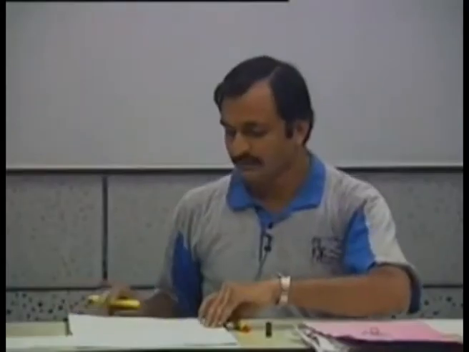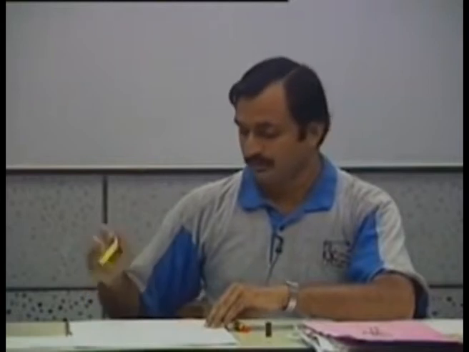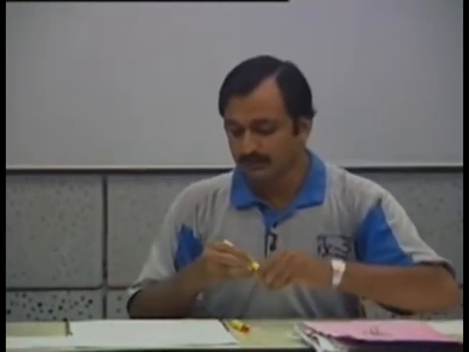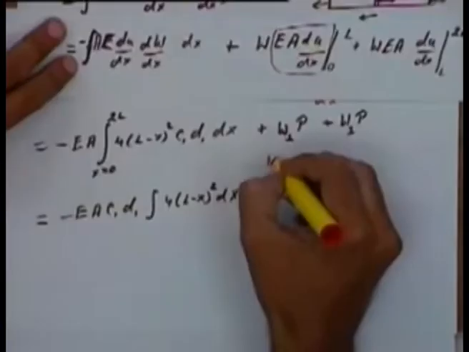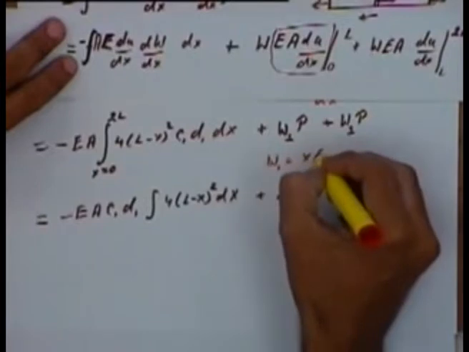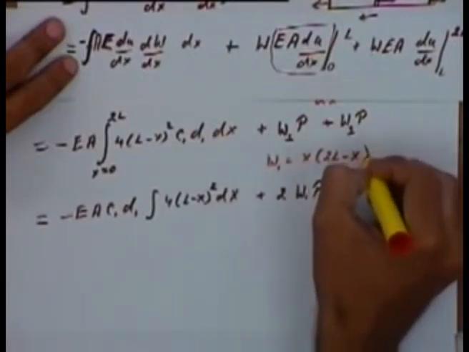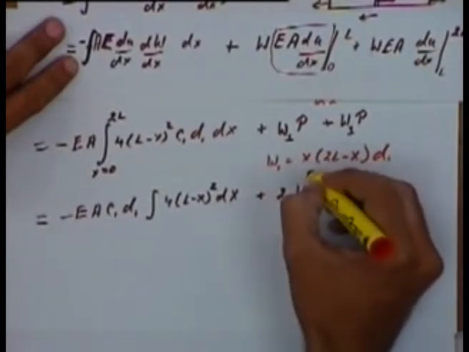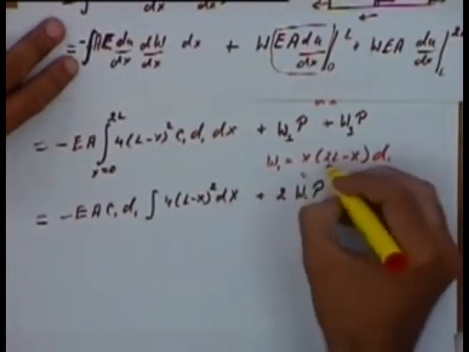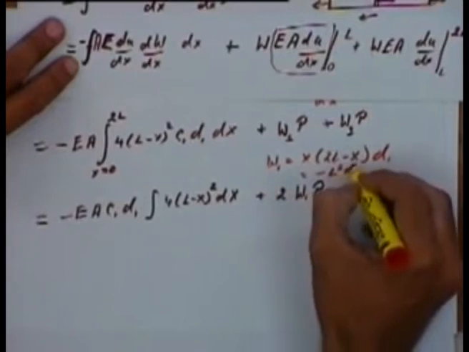Anyway, now this W1, what is the expression for W1? W1 is equal to x into (2L minus x) multiplied by D1 at x equal to L. So this will become L into L squared D1.